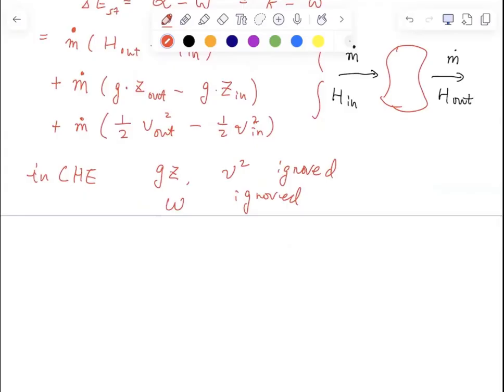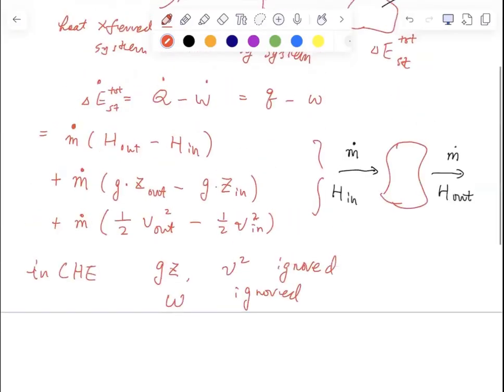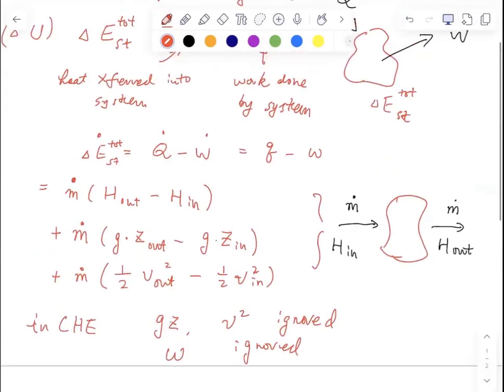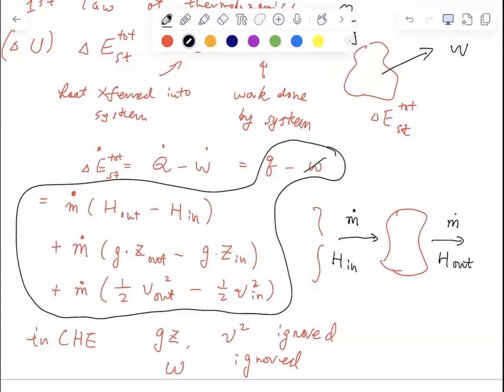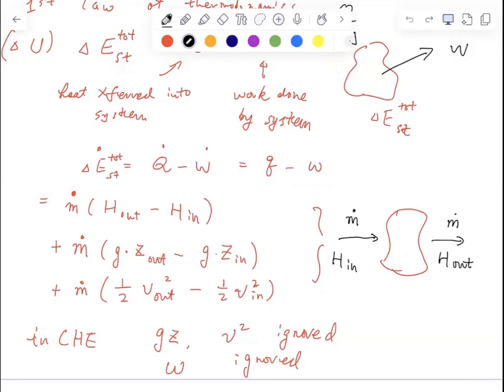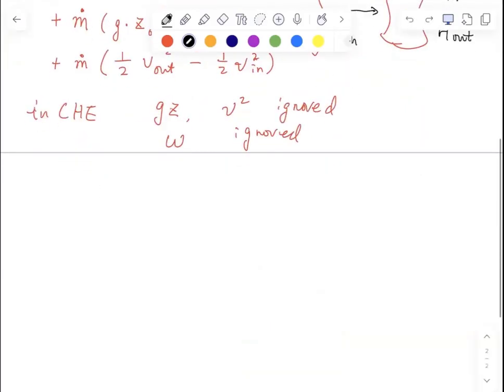So in this case, as you can see in this equation, the work is ignored, the gravitational energy is ignored, and the kinetic energy is also ignored. What we are left with is a much simpler equation: the heat transfer rate equals the net change of the enthalpy between the inlet and the outlet.